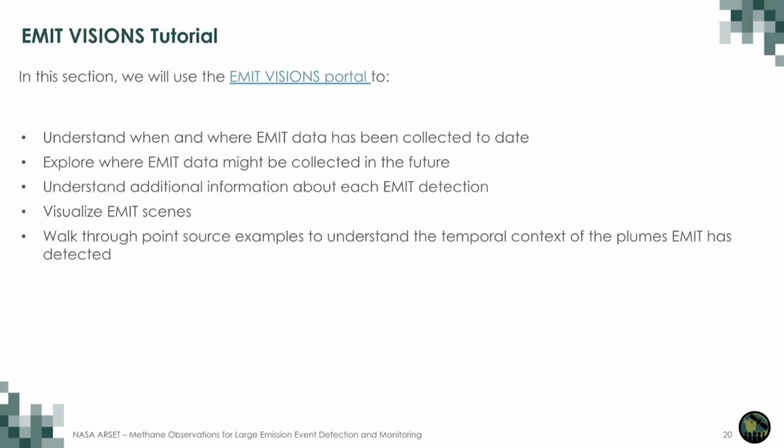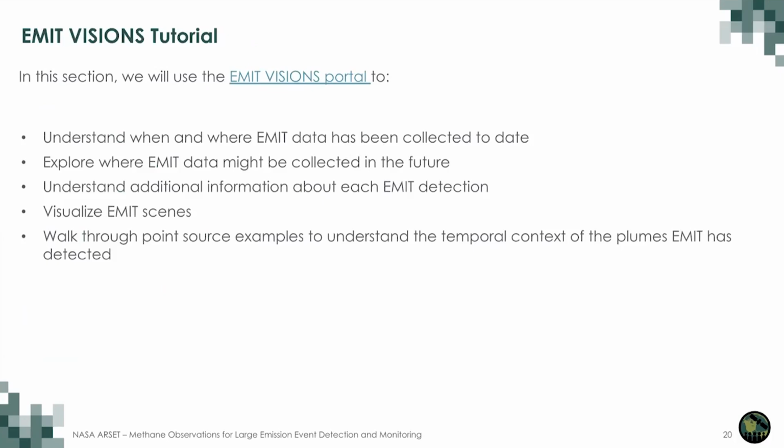So in this Visions tutorial that I'm going to start with here, we're going to go in just a second to the site that hosts this. And we're going to take a look through a few different examples. We're going to walk through the portal and kind of understand how to use it. But then we're going to utilize it to understand when and where EMIT data have been collected, to explore where EMIT data might be collected in the future, so we can get a little bit of that kind of temporal context.